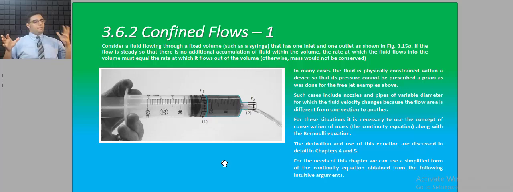So the amount of inlet should be equal to the amount of outlet, which is termed as continuity equation. We're going to go through the details in chapter 4 and 5, but in here we just need the simple form of continuity.